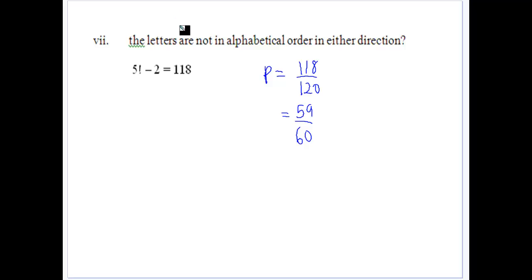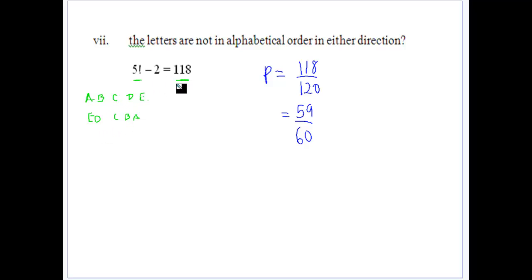The letters are not in alphabetical order in either direction. Well, we consider this. There's only 2 ways we can get alphabetical order: A, B, C, D, E, or you go the E, D, C, B, A. There's no other ways in going either direction that we can get alphabetical order, which basically is saying that the 5 factorial, which is the total amount of ways we can arrange those letters, all we're doing is taking away 2 of those options because it only occurs twice.